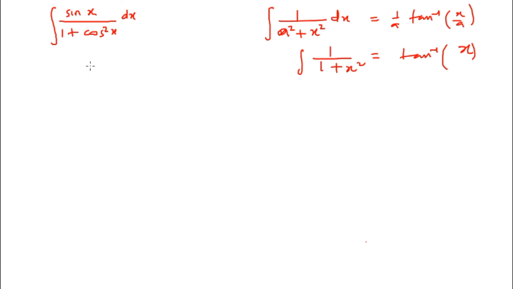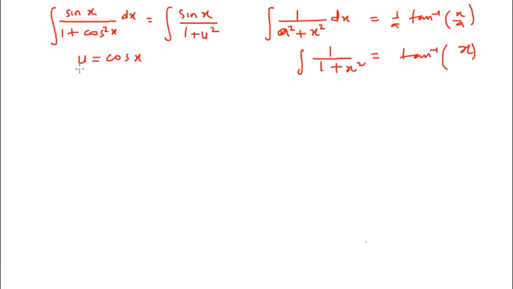If that will be possible, it means I can say let u be equal to cos x, so that I'll have sin x upon 1 plus u squared. I should find a way whereby sin x will cancel out, and it will cancel out if I differentiate u.